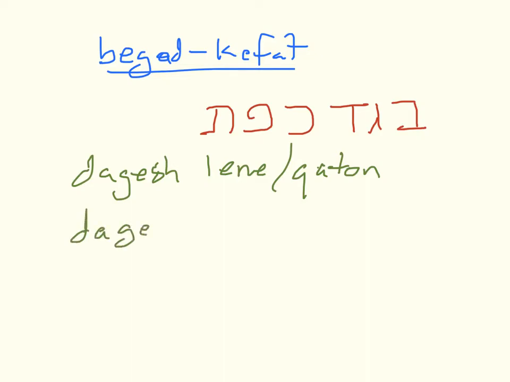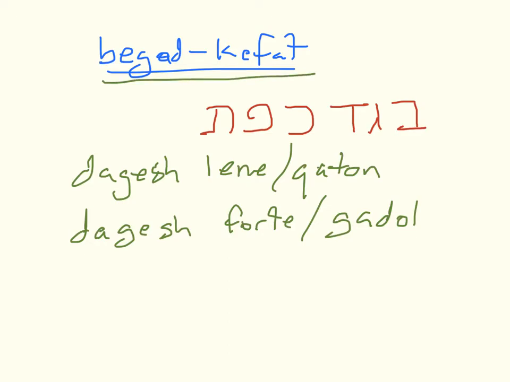And there is the Dagesh forte, or the Dagesh gadol. That's the great Dagesh, or the strong Dagesh. Now, the Dagesh lennae and the Dagesh forte look exactly the same, but they function differently in the Begad-kephat letters.